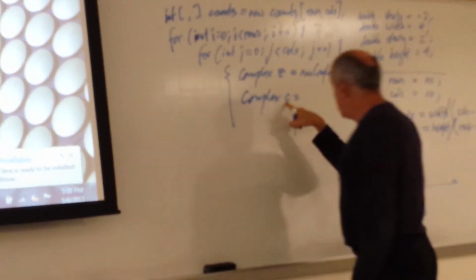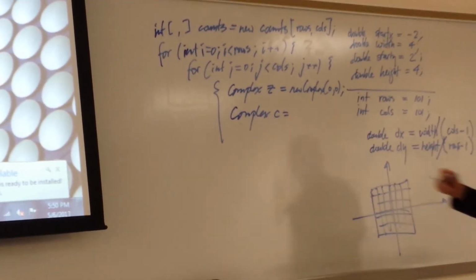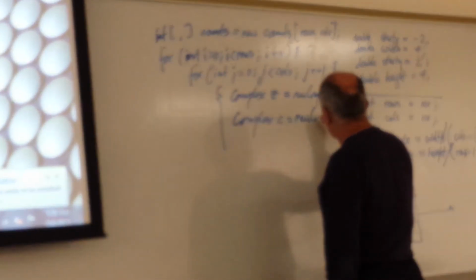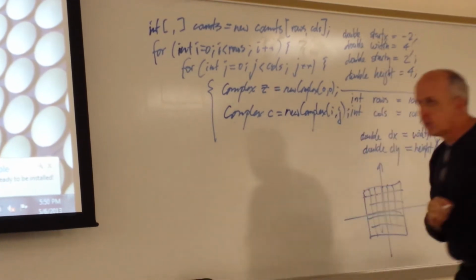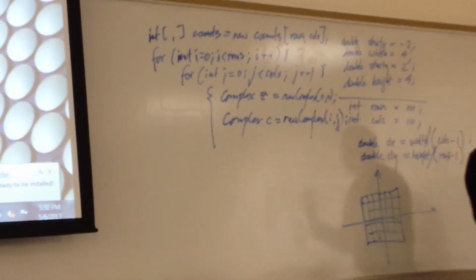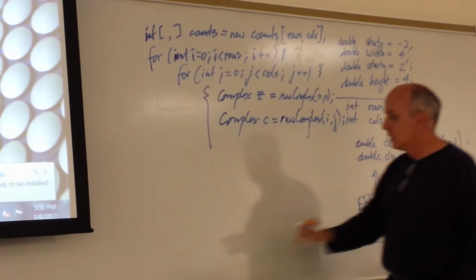Okay, so C is a function of ij. It is not this, though. It's not that simple. I'm not simply taking ij and converting that to a complex number. It is a function of ij, but that's why I calculated all of these values.